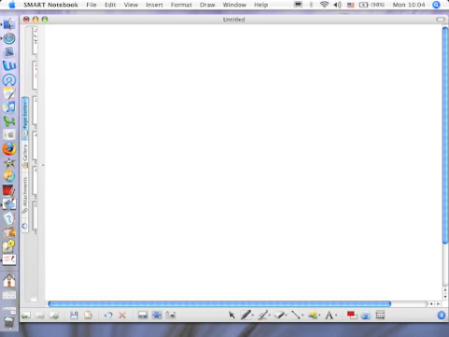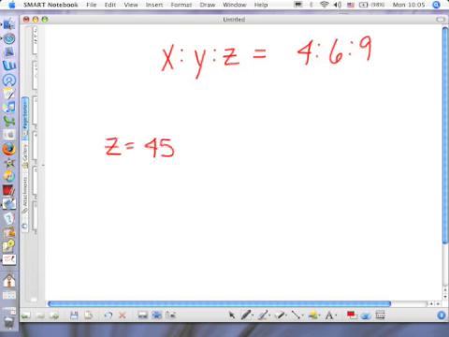Number 3 says if X to Y to Z is equal to 4 to 6 to 9, and Z has a value of 45, what are the values of X and Y? How would you figure that out?